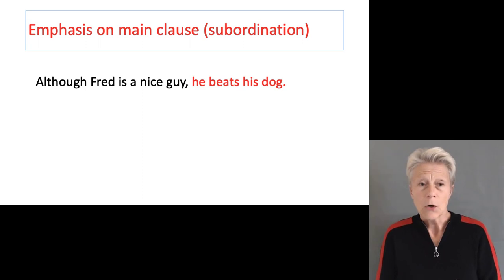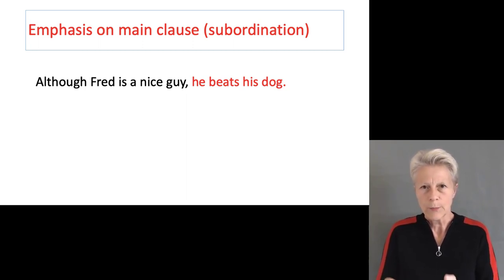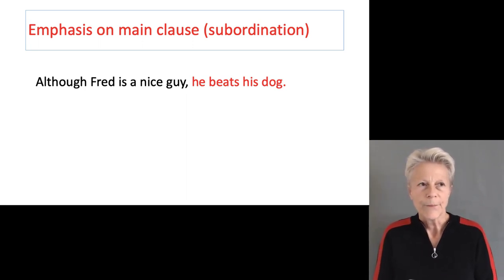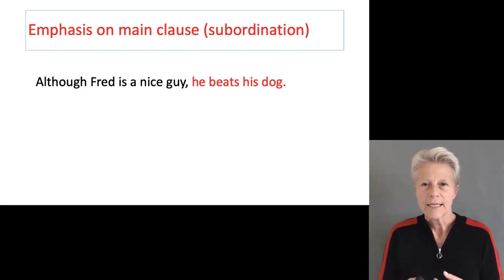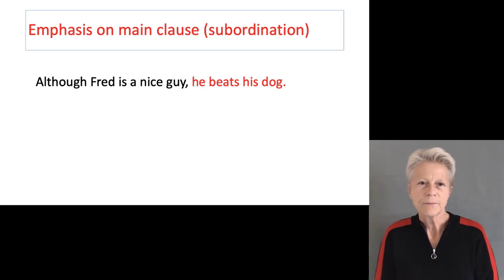He beats his dog is also the main clause. It is the main clause and it is in end position. So there's very strong emphasis on the second part. The he beats his dog part is more convincing, is heavier.